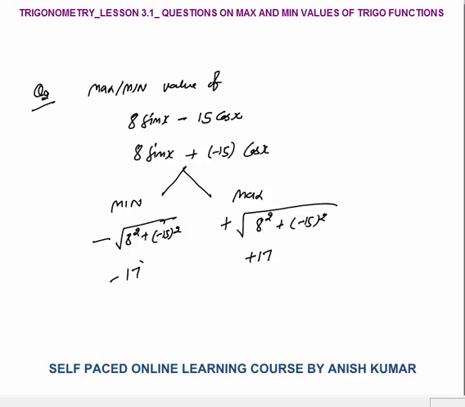So minus 17 is the minimum value of this function, and maximum value is plus 17.